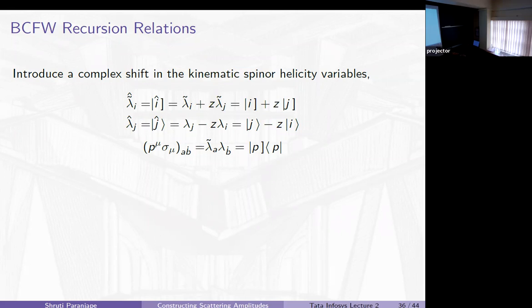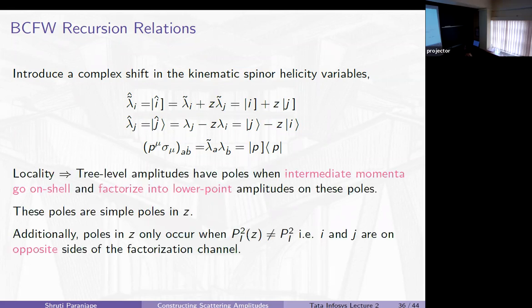This is nice because it's square in terms of lambda tilde, lambda, and epsilon. Suppose I have the vector P mu squared. I want to know what that is; it should be 0.